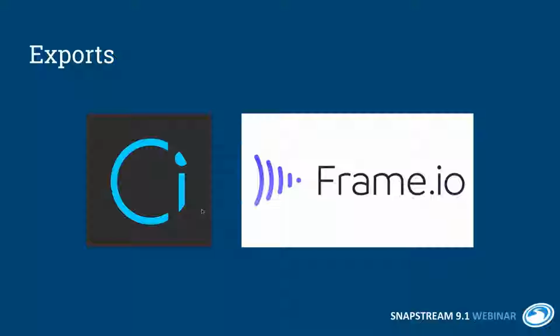I'm guessing most of you aren't familiar with this logo, but this is Sony Ci, also known as Sony Media Services. It's an in-the-cloud MAM, but also workflow system. So we had some customers asking us if they could export to Sony Ci. So we got together with the folks from Sony and worked up some integration.